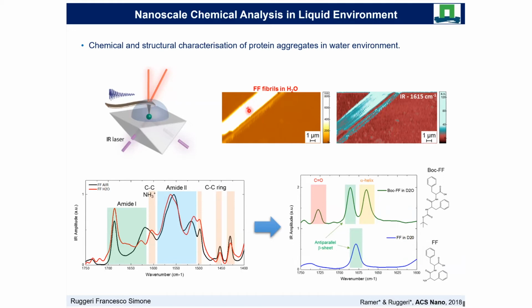Then we could acquire localized spectra, and we could see that the spectra in air and in liquid corresponded very well, aside from the fact that now we have a hydrated molecule compared to a non-hydrated one. Then we could demonstrate that if we take fibrils formed by amino acids that have different chemical properties, we could obtain fibrils that are morphologically similar, but with a different secondary structure that we could recognize at the nanoscale.